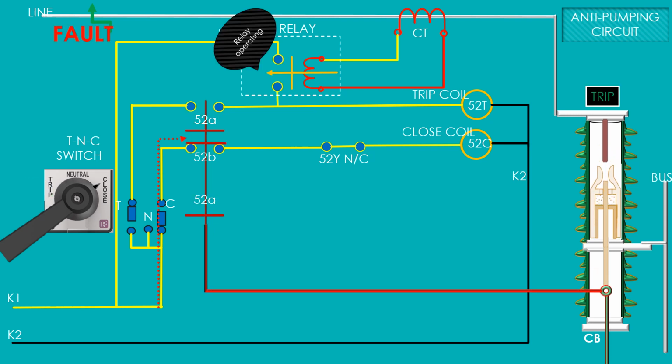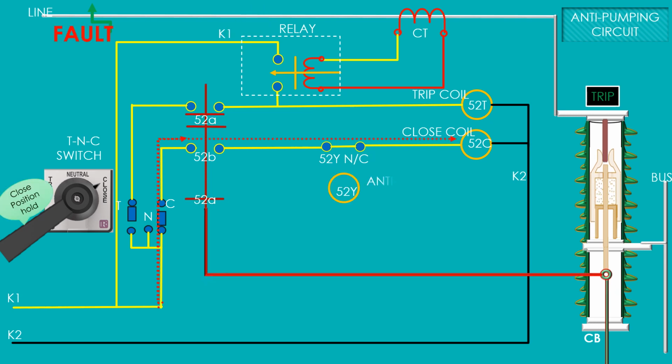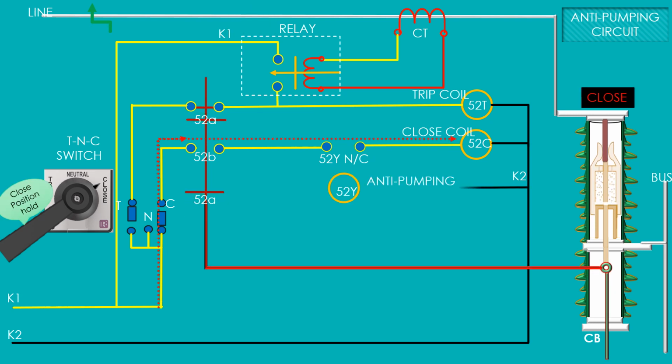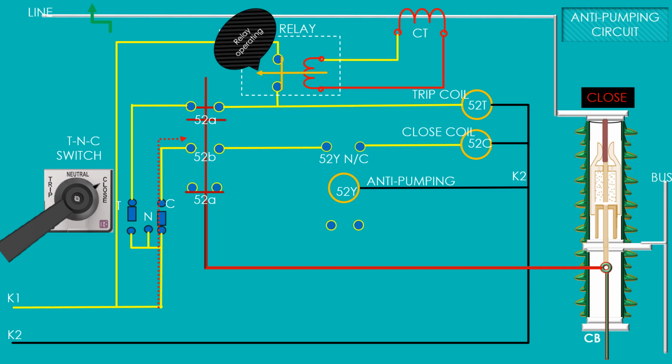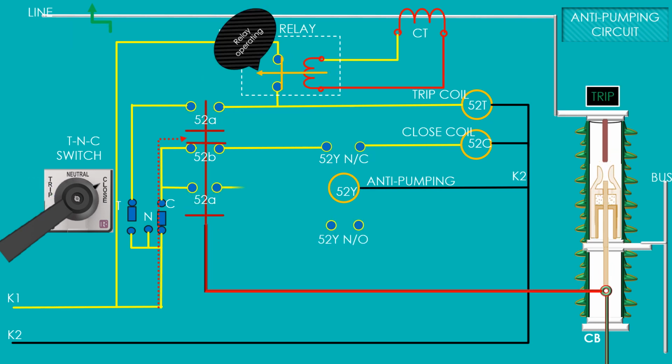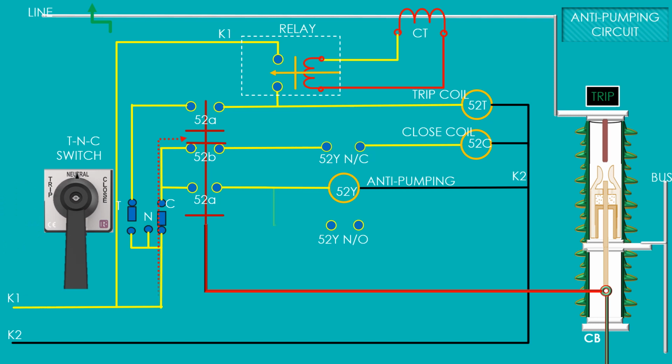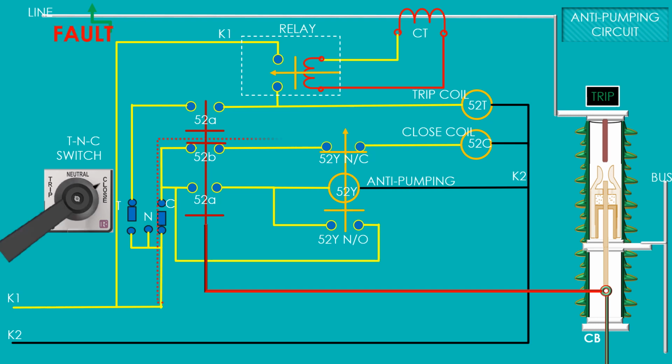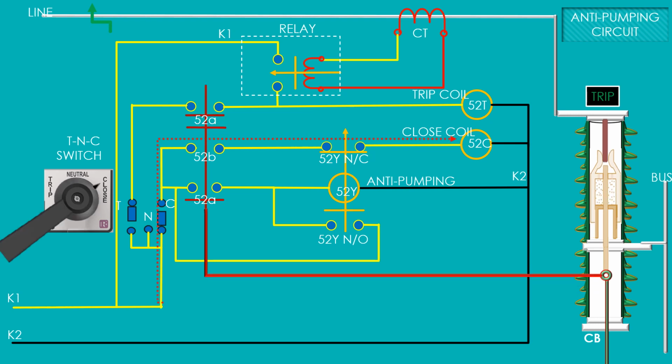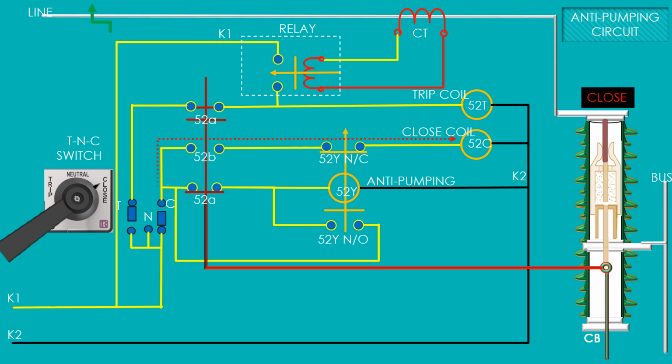But if an APD, anti-pumping device, is incorporated with this circuit breaker, it will ensure one-time closing of the circuit breaker for one closing pulse by the TNC switch, however long the impulse may be.